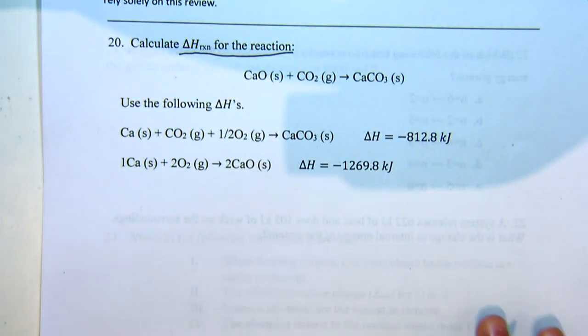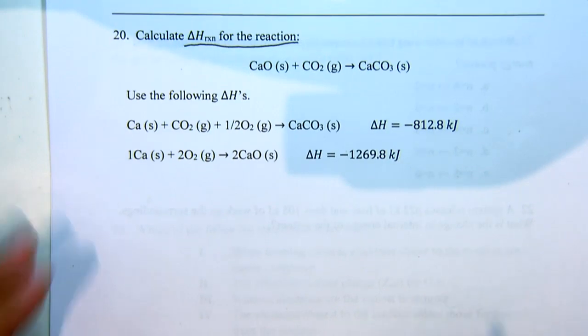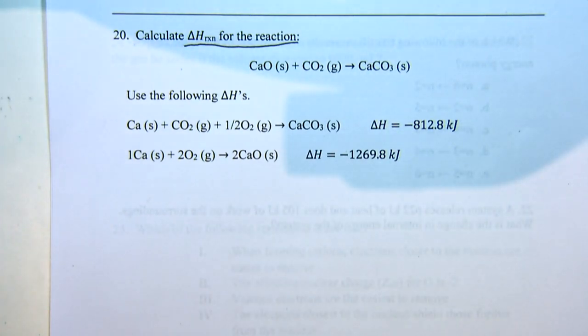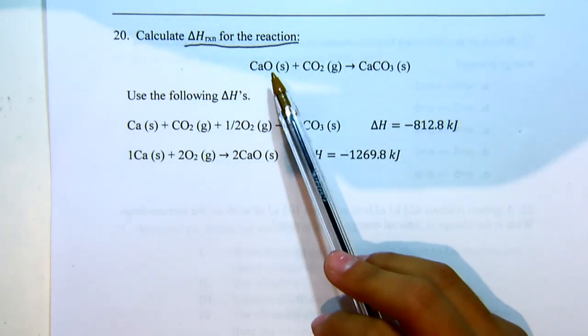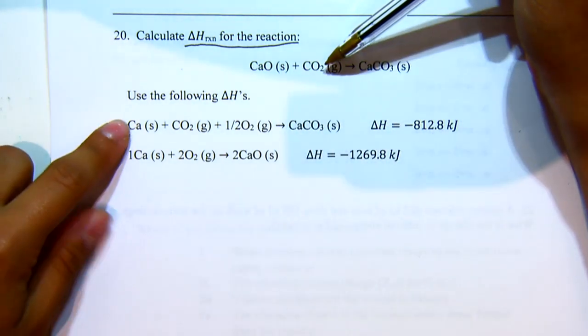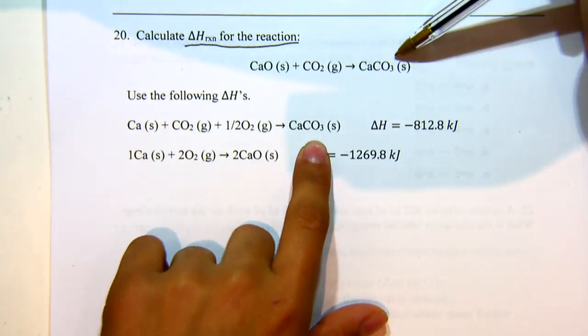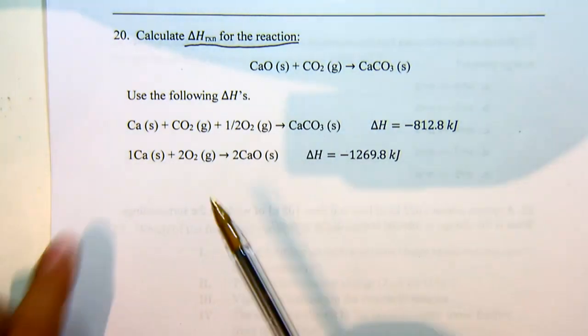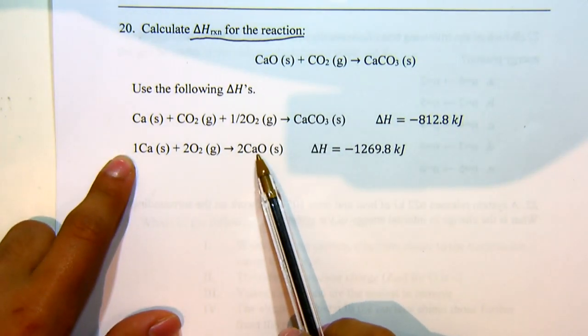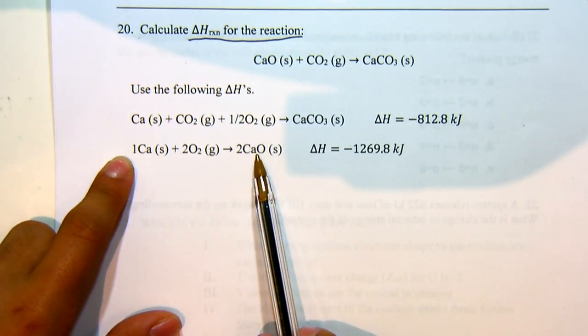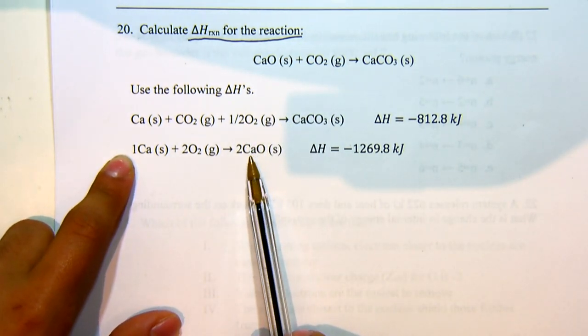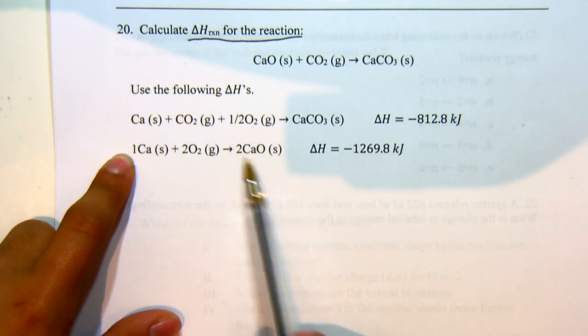When looking at this, the first thing I'm going to make sure of is that what I need is on the correct sides. This equation gives me my carbon dioxide on the product side, so I'm probably not going to have to flip it. But in my second equation, the reactant that I need is on the product side, so I'm definitely going to have to flip that because this is my only source of it.